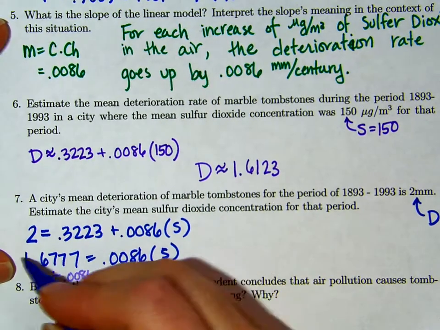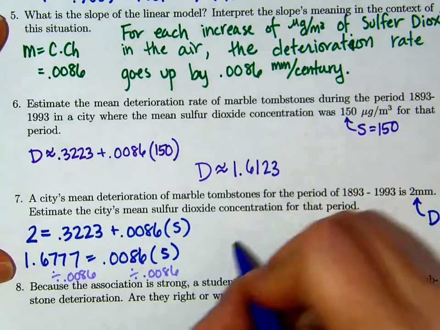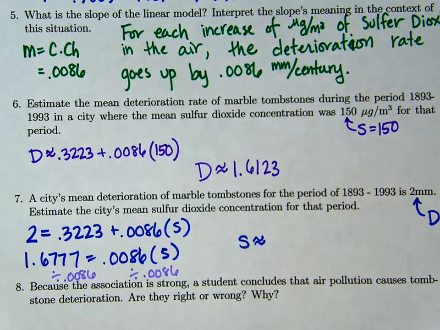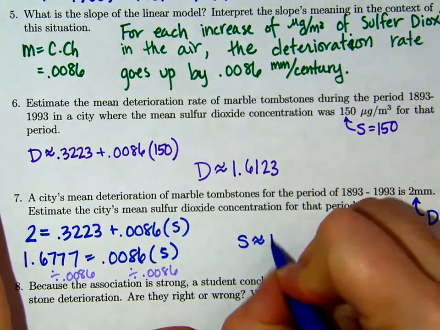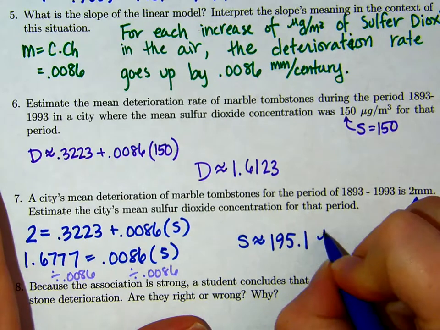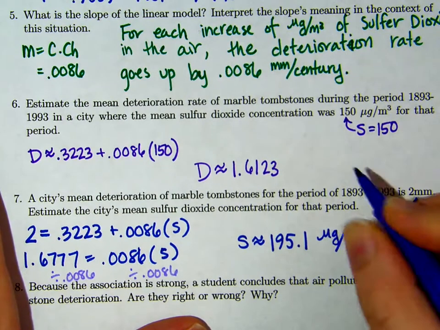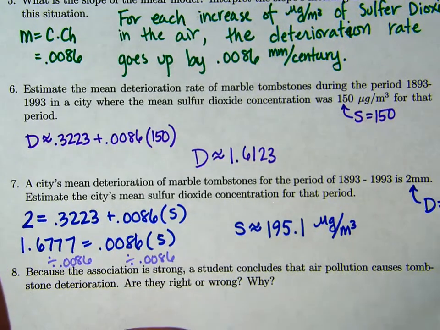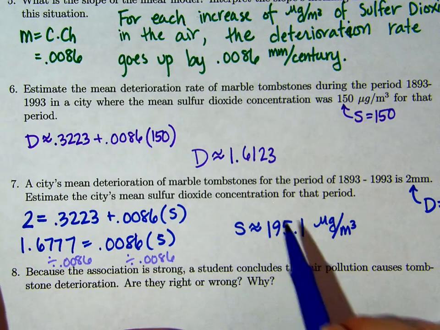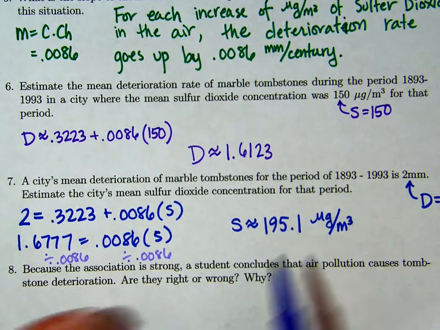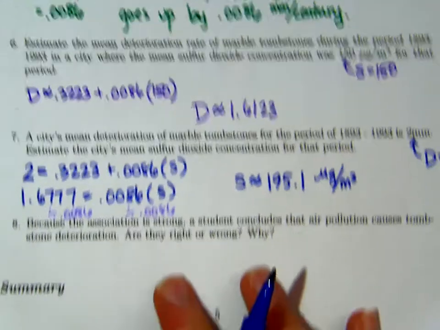So we're asking how many portions are in here? A lot of them. So the sulfur is approximately, okay, so do my division, approximately 195.1 micrograms per cubic meter. That's really a lot. 2 millimeters per century is high, and so their air pollution is high.